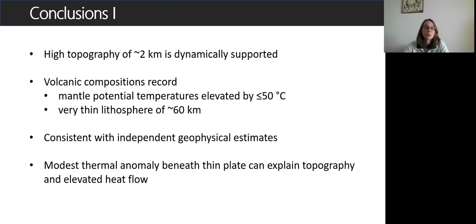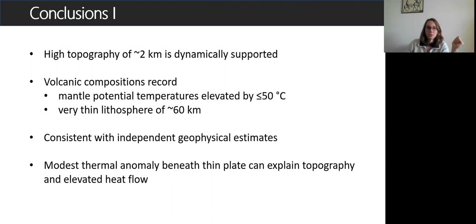And they also record very thin lithosphere of no more than 60 kilometers. And these results are very consistent with independent estimates from seismology, from tomography. And importantly, if you use those numbers, you can actually match the observed elevation and the observed heat flow.